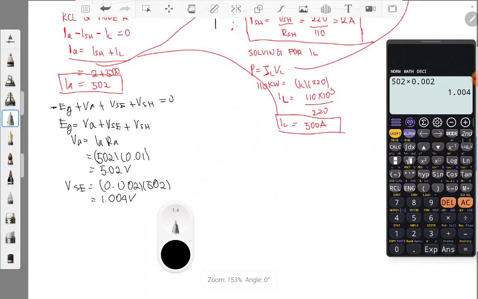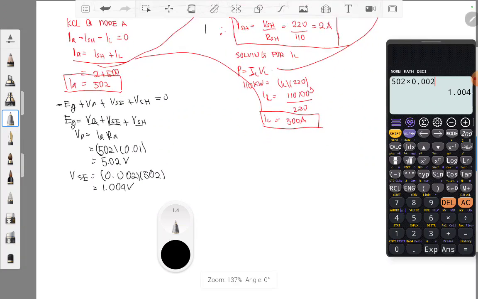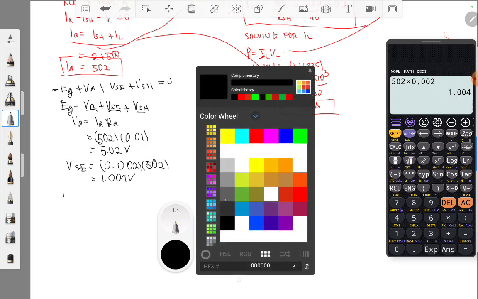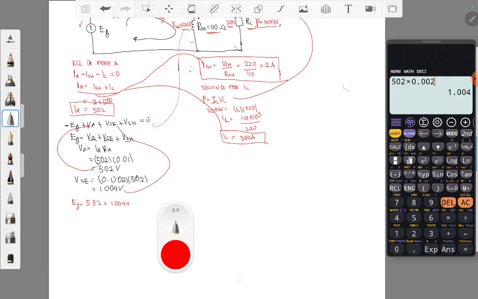Now from here, to solve for our EG, we would substitute our VA, our VSE, and our VSH. Take note that our VSH is equal to 220 volts. So our EG is equal to my VA, which is equal to 5.02, plus my VSE, which is equal to 1.004, plus our VSH, which is equal to 220 volts.